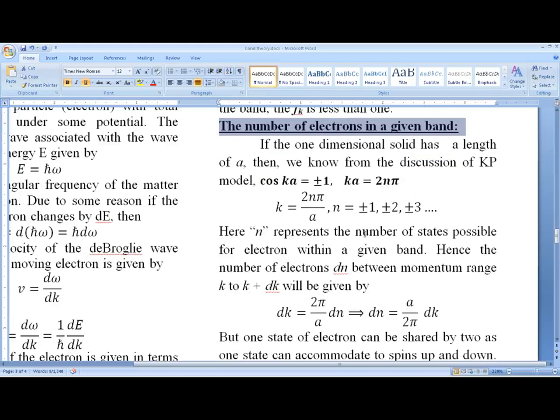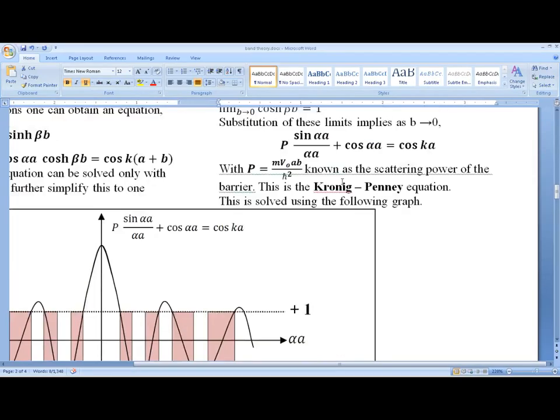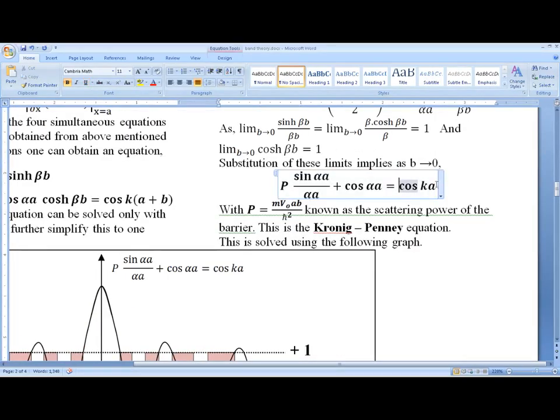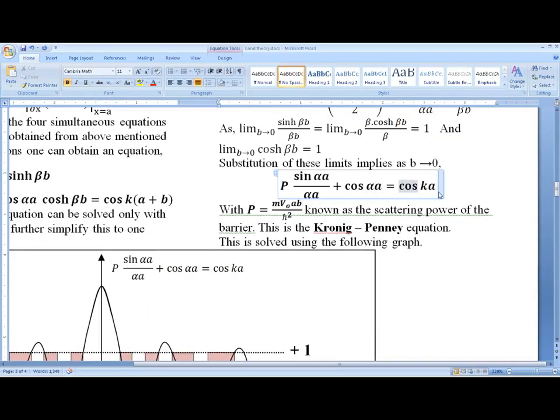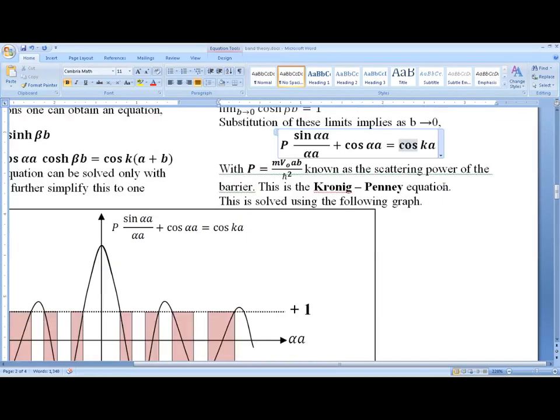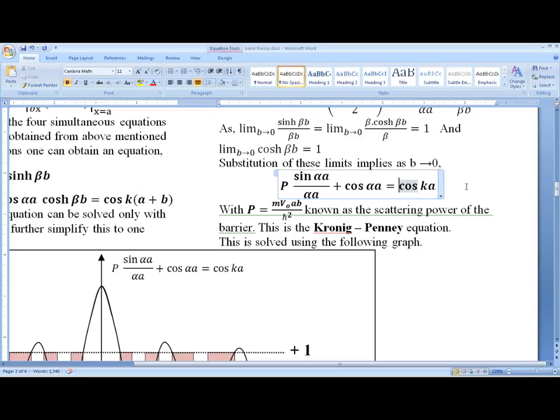Here, the number of electrons in a given band can be calculated by recalling the right hand side of the Kronig-Penney model. As you know, this is just cos Ka. We took this cos Ka as +1 or -1, or any value in between. Cos Ka equal to +1 means Ka equals plus n pi, and cos Ka equal to -1 is another case, cos n pi.